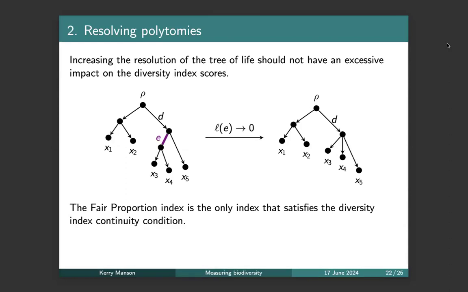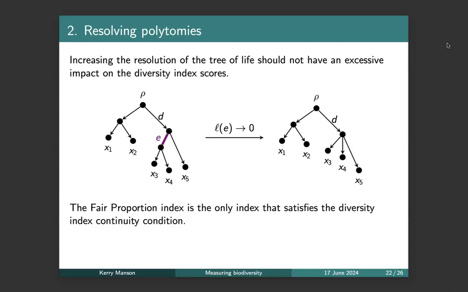And so one thing to ask is, are we going to disrupt our processes if we move from a tree like this, where we have the polytomy, into a more resolved tree?